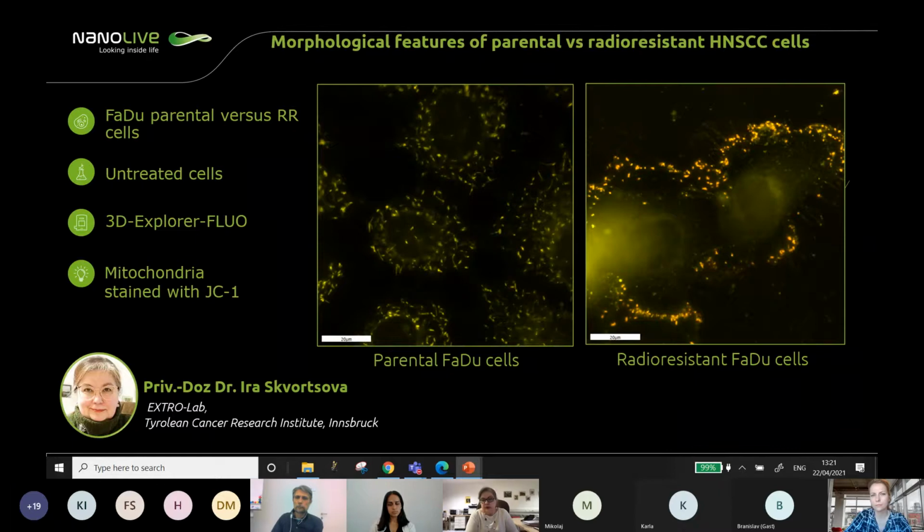JC1 is not a very good dye for mitochondrial potential. However, we could observe not only the mitochondrial potential, but also the inclination for ROS production. And this is a quite useful method to use with the 3D Explorer Fluor. Next.